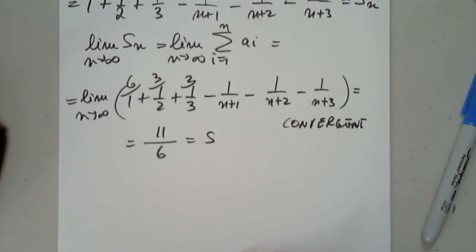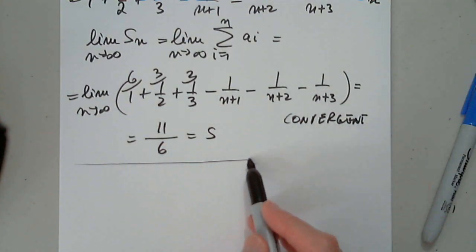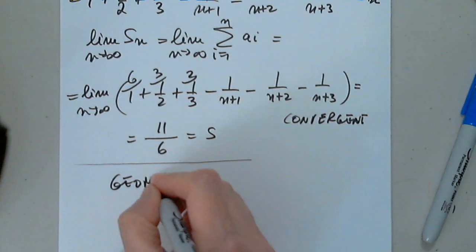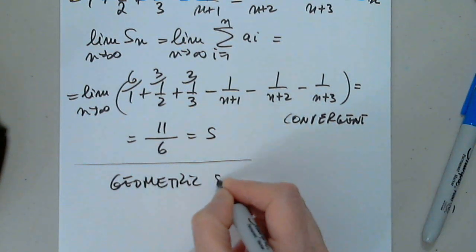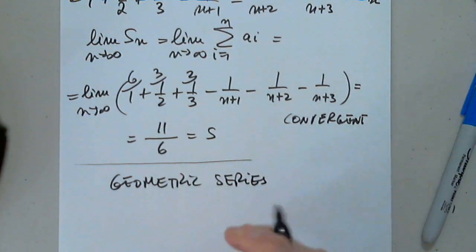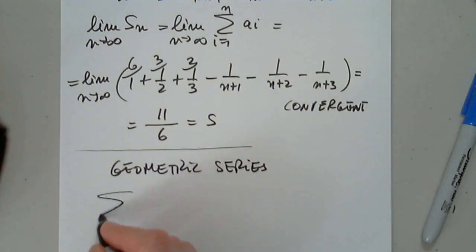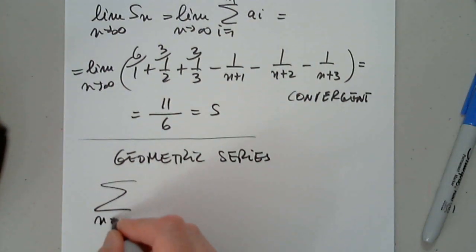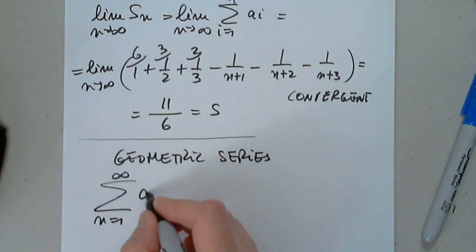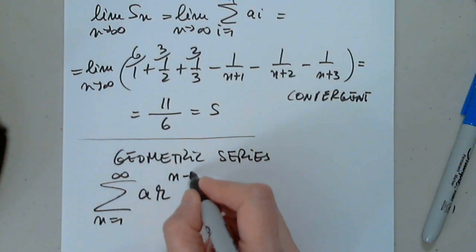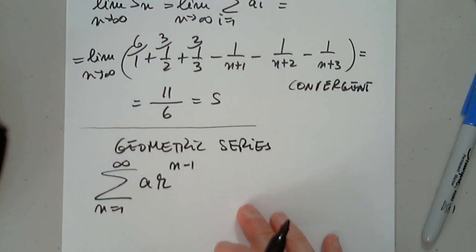Okay, so the next item on the list is geometric series. So the geometric series, infinite series, of course, from n equals 1 to infinity, ar to the n minus 1. What does this look like?